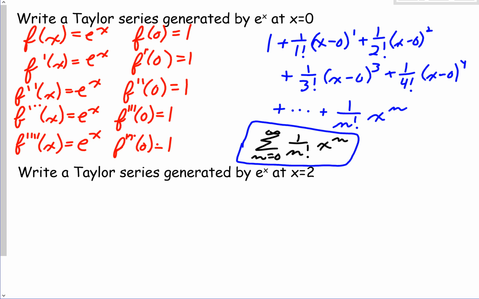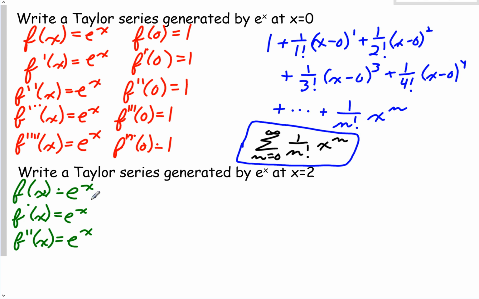A second example I could do here, still using e to the x, but this time I'm going to center it at 2. So again, I need the function, and I need some derivatives so I can start figuring out the values at the center for these. I'm just going to do these quickly here because we already figured out all these derivatives.